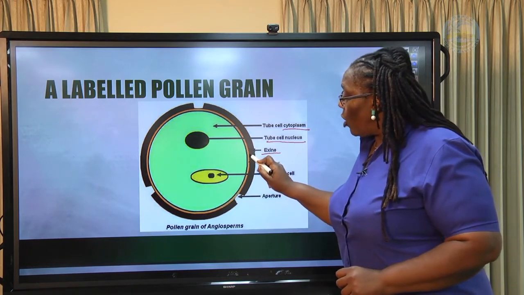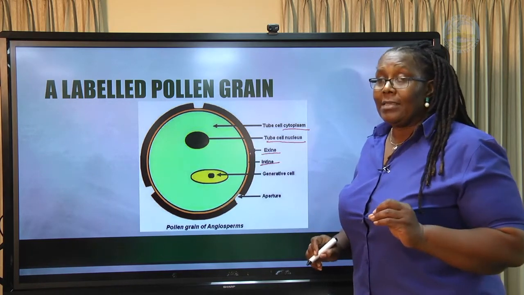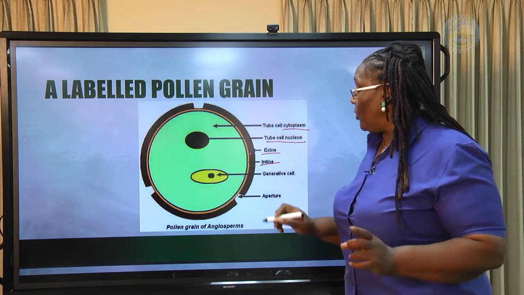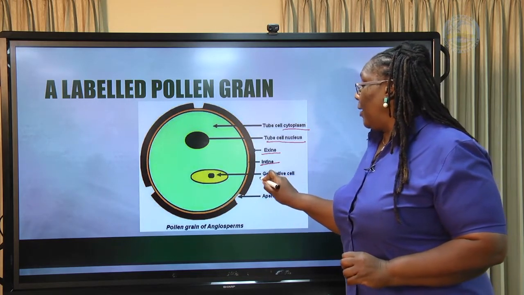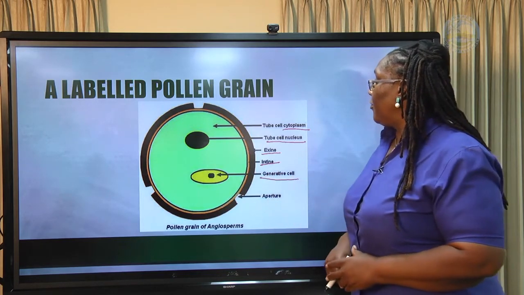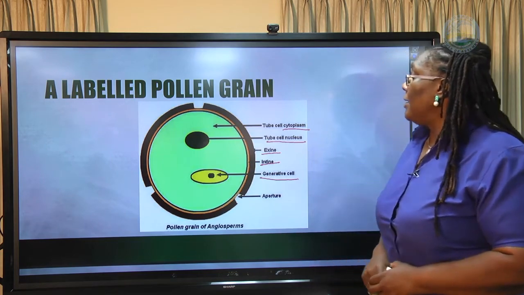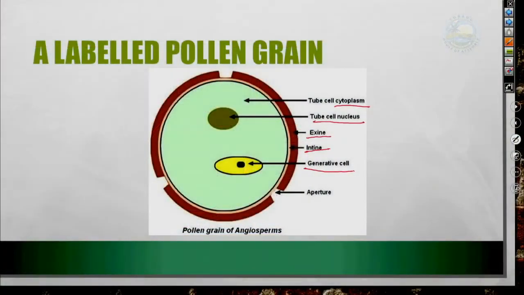These are the 2 outermost layers, and they play an important role. We'll see in a little bit. This here is the generative cell, and this cell plays another important role in producing the gametes. Good? This area here, you see the word aperture here. It's also called a pit.